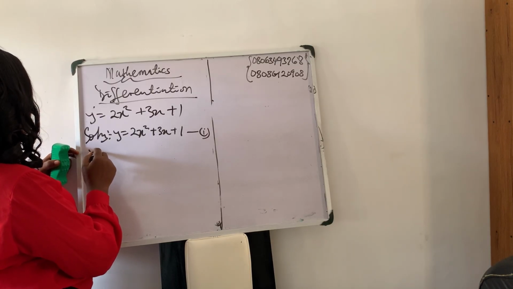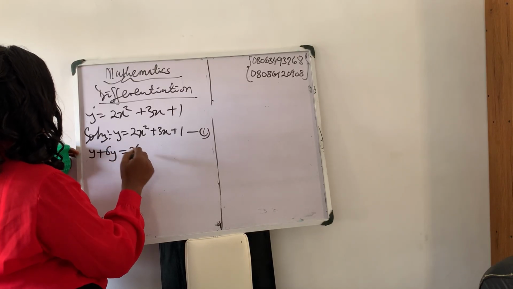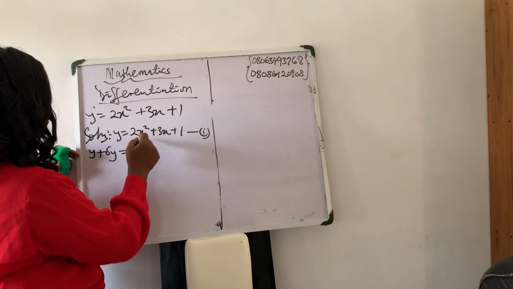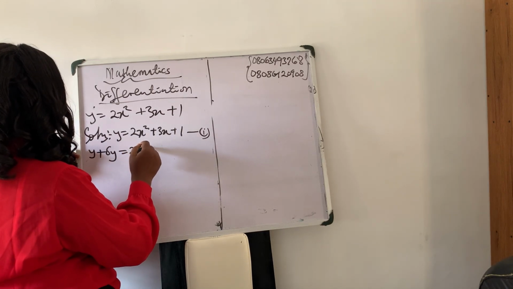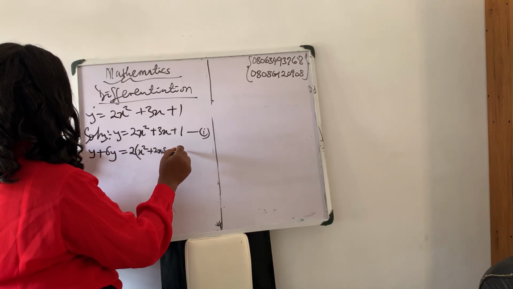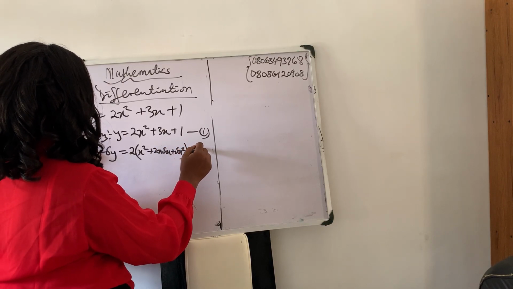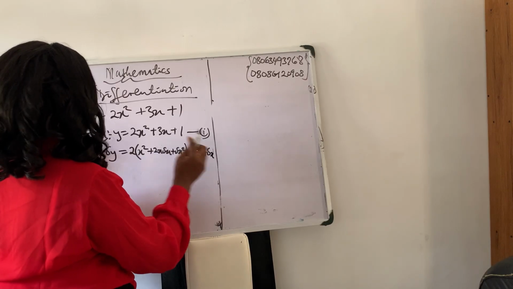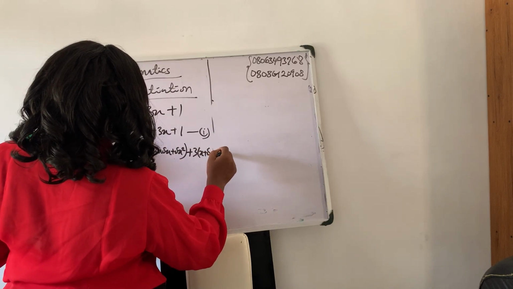Now, y plus dy equal to, remember, anywhere you see x, you put x plus dx. Recalling from our previous example, x plus dx squared should give us what? When we multiplied, it gave us x squared plus 2x dx plus dx squared. Now, plus 3 into x plus dx, plus 1.